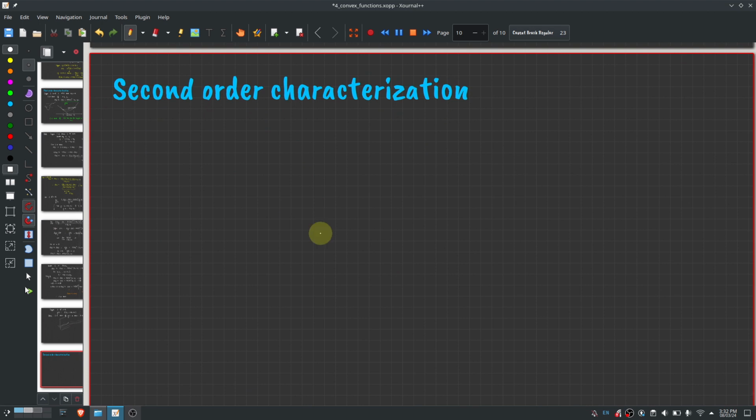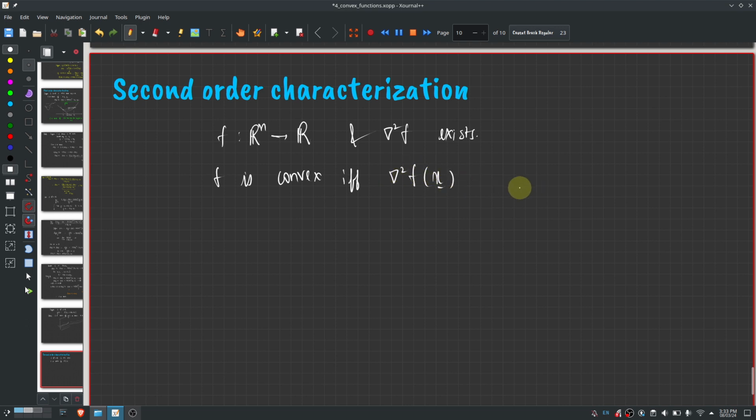So if f is from Rn to R, and let's say that the Hessian exists, then f is convex if and only if the Hessian evaluated at any point is PSD for all x.